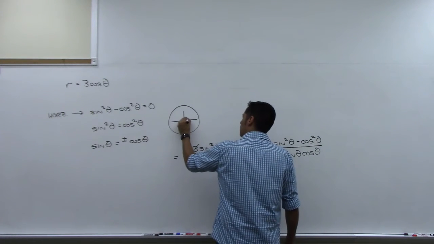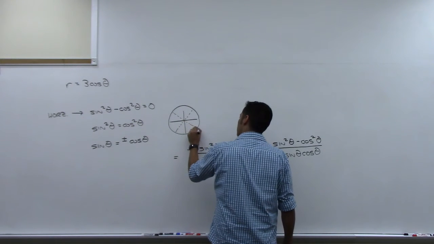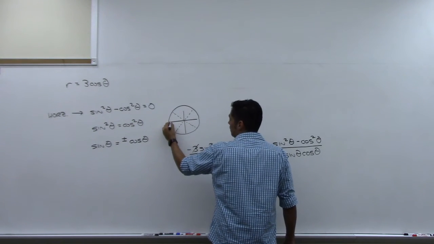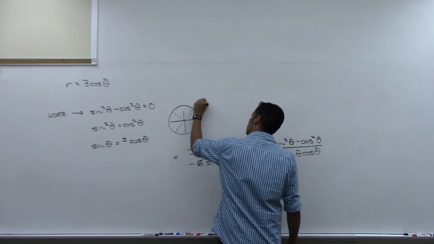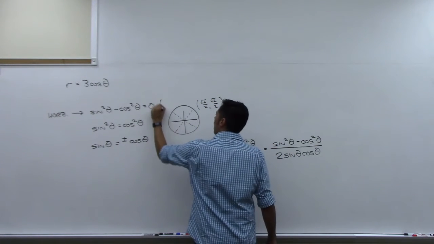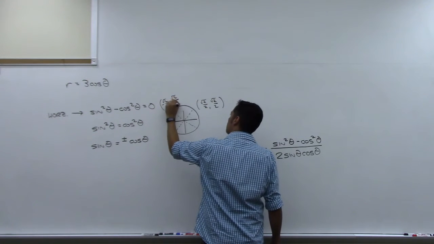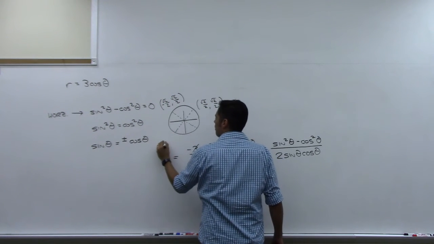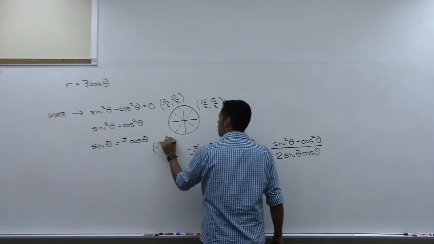At 45 degrees, so pi over 4, 3 pi over 4, 5 pi over 4, and 7 pi over 4. At these points we have root 2 over 2, root 2 over 2. Here we've got negative root 2 over 2, root 2 over 2. Then here we have negative root 2 over 2, negative root 2 over 2.